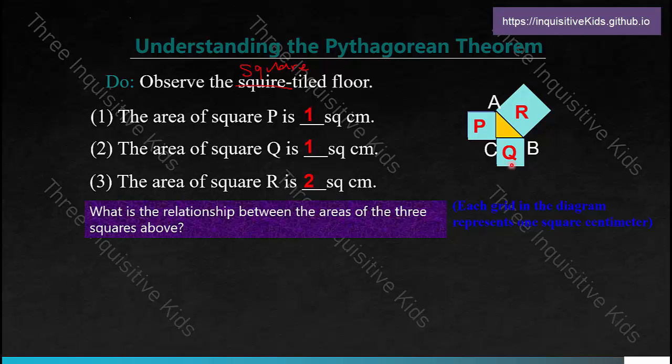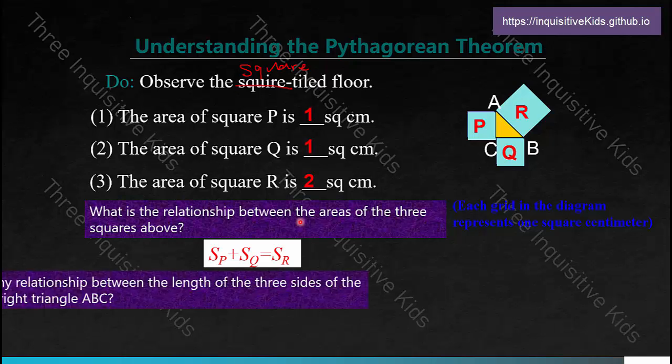Knowing this information, what relationship do you see in this right triangle? We learned now that SP, the area of square P, plus the area of square Q equals SR, the area of square R. 1 plus 1 equals 2.